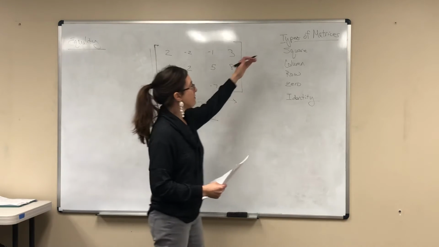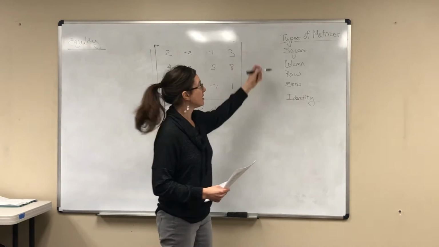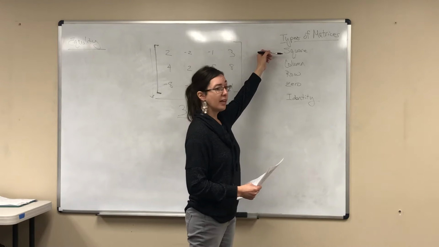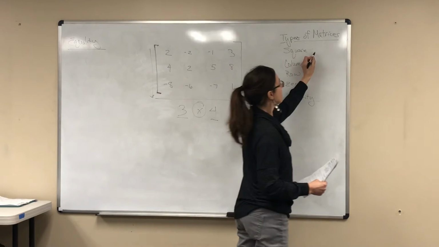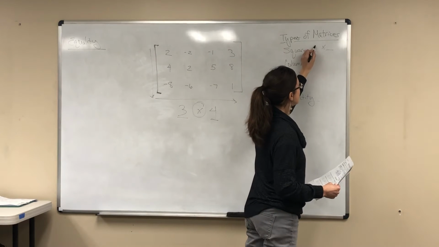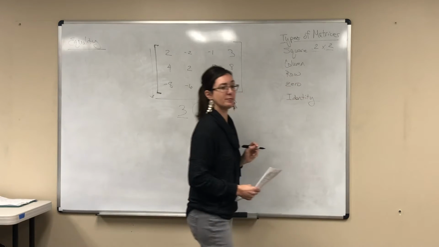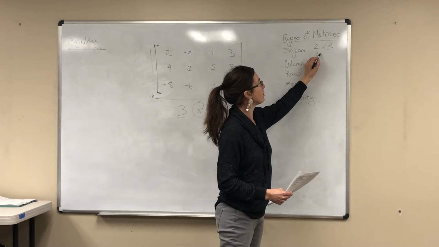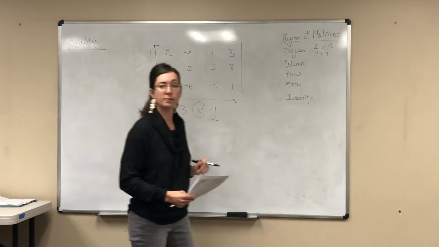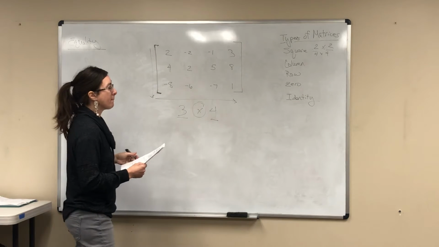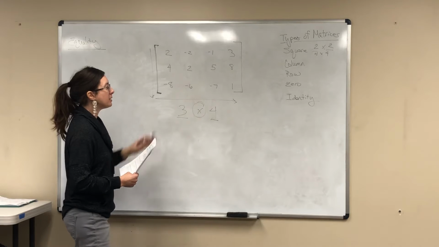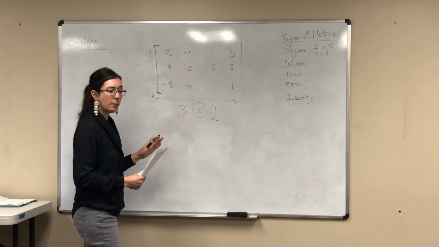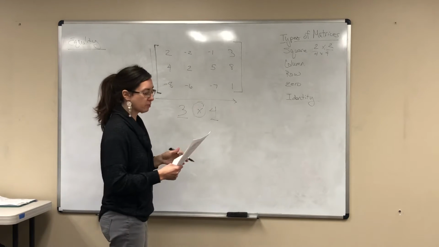There are 5 different types of matrices. A square matrix means your numbers are the same, so a 2 by 2, or it could be a 4 by 4. Square simply means it has the same number of rows and the same number of columns.